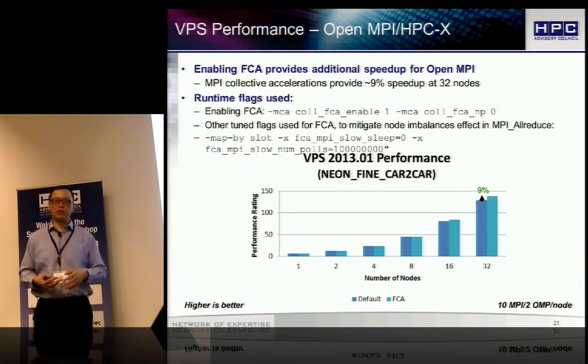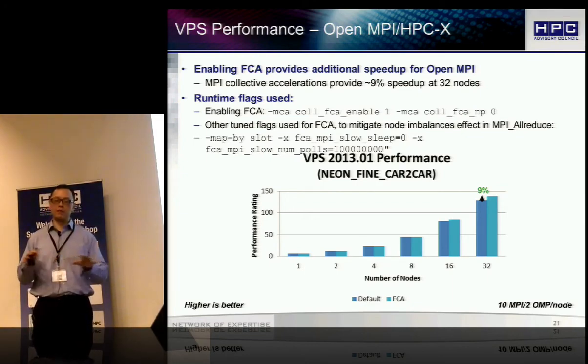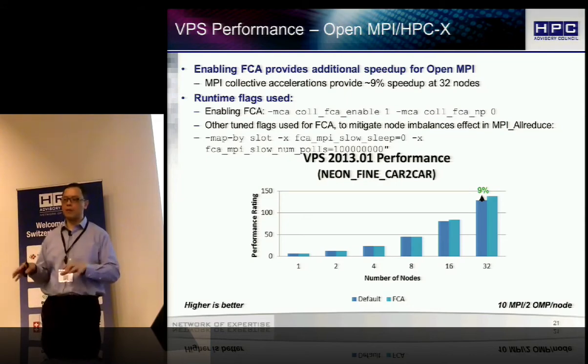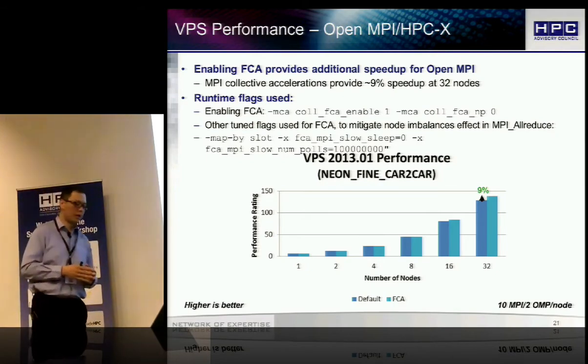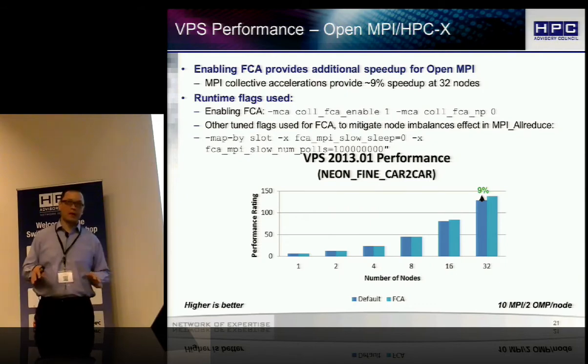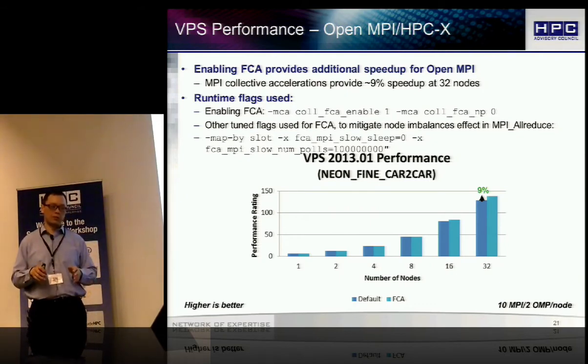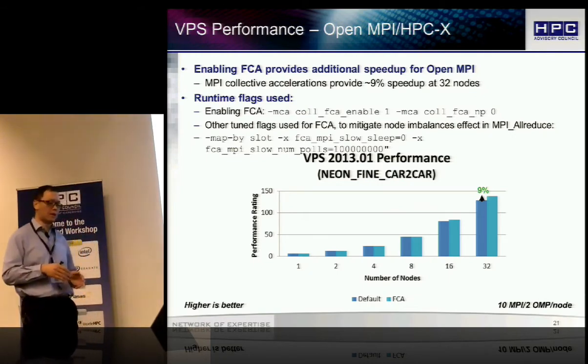Some MPI collective operations involve many of the user processes or MPI processes communicating all at the same time. This is a really costly communication in MPI. FCA allows you to offload that kind of communication onto the network, so the user process, the CPU, would not need to spend that much time processing those operations.